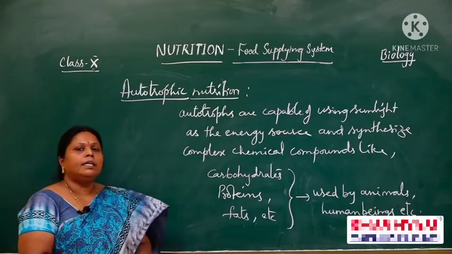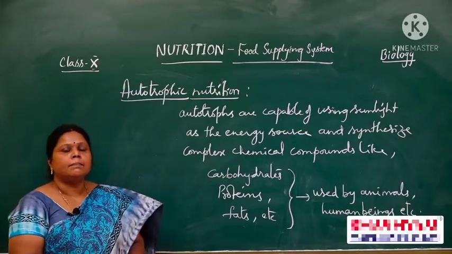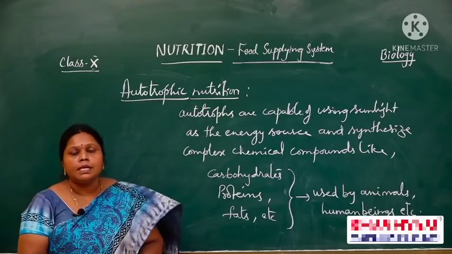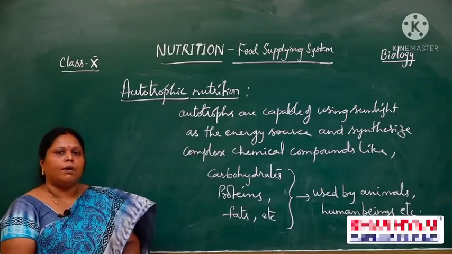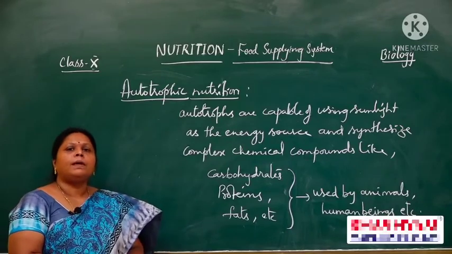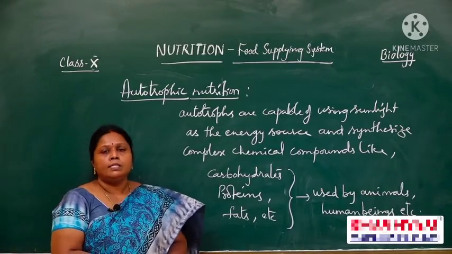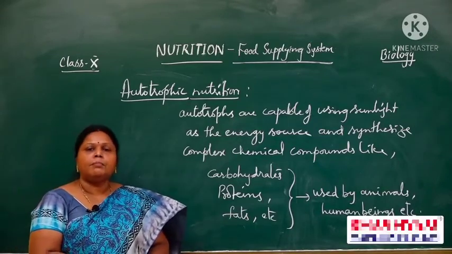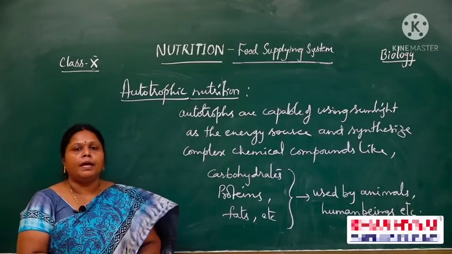So we know that autotrophs are the organisms capable of using sunlight as their energy source to synthesize complex chemical compounds. To prepare these complex compounds, these organisms generally take minerals and water from the soil and gases from the air.